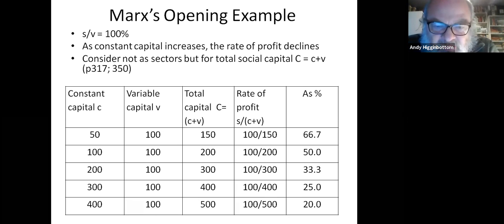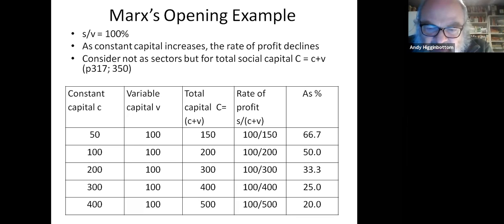So the third column, the total capital involved, increases by 100 at a time after the first one. Now, if the same number of workers at the same degree of exploitation is holding, then you're going to have the same surplus value in each case, but the rate of profit is going to vary, because the amount of total capital invested, C plus V, is increasing while the amount of surplus value stays the same.